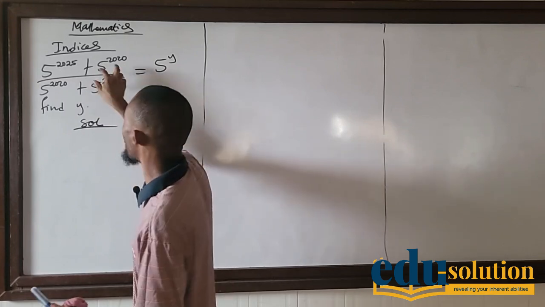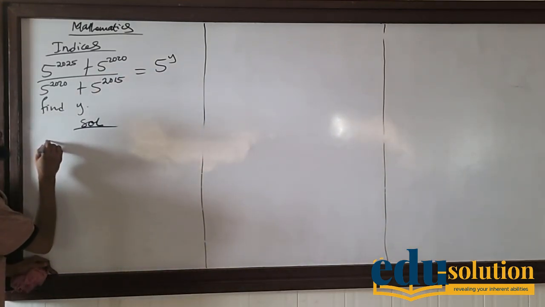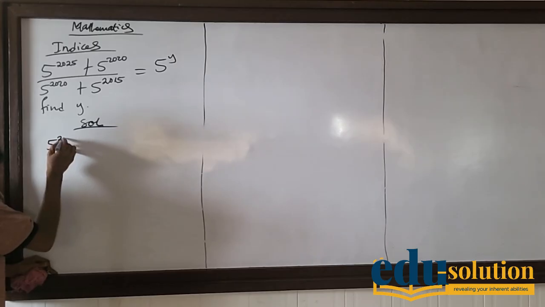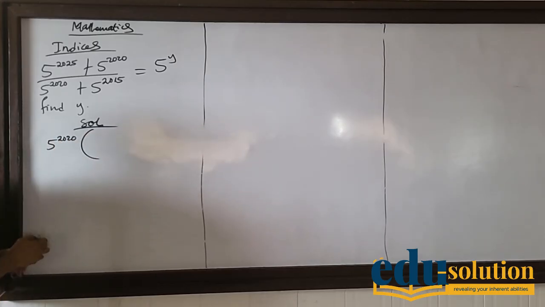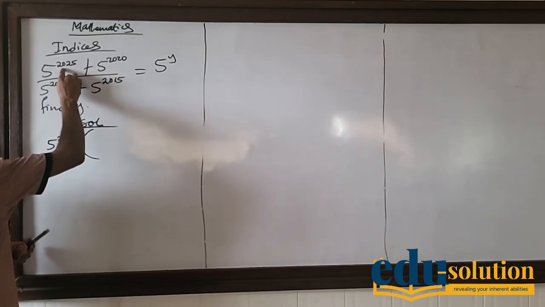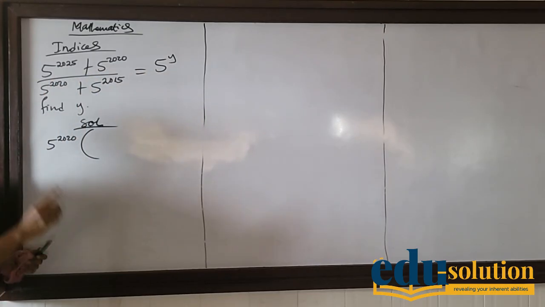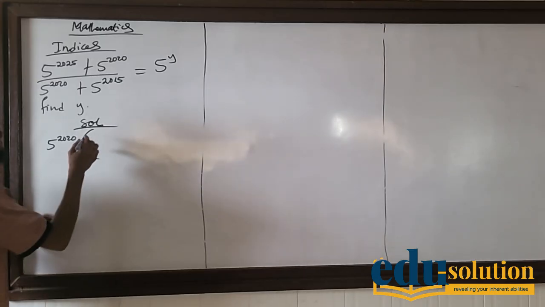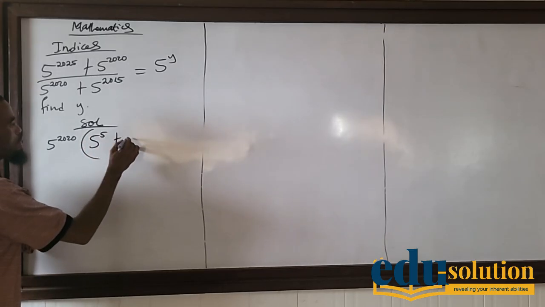So I will factor out 5 raised to the power of 2020. Then I'll open a bracket. What is the difference between 2020 and 2025? It is 5. So that means I'm going to have 5 raised to the power of 5 plus 1.